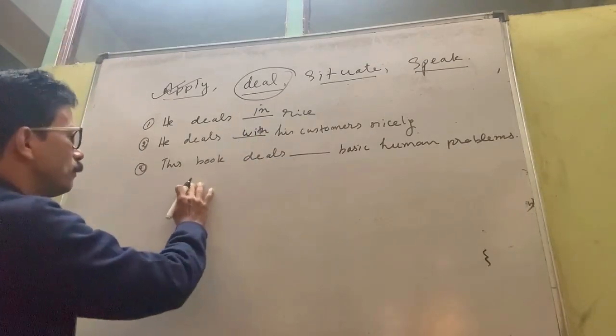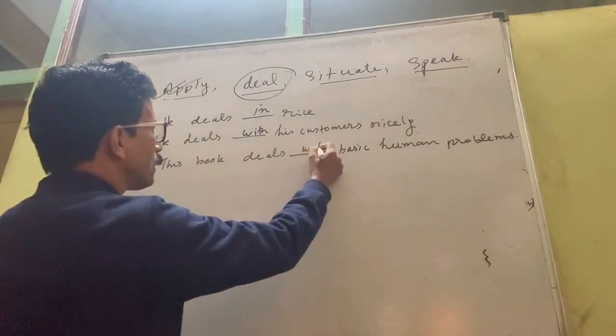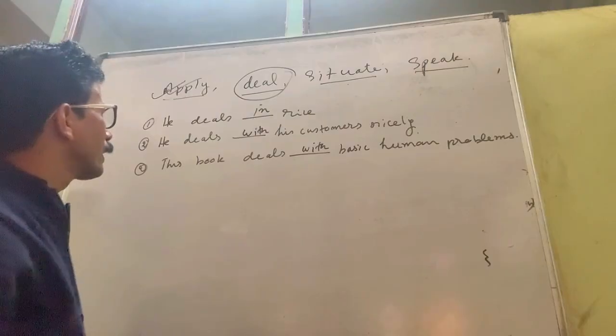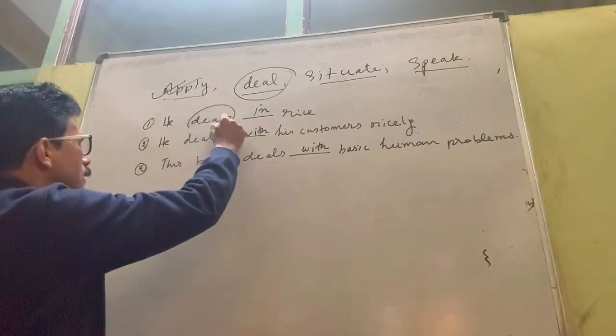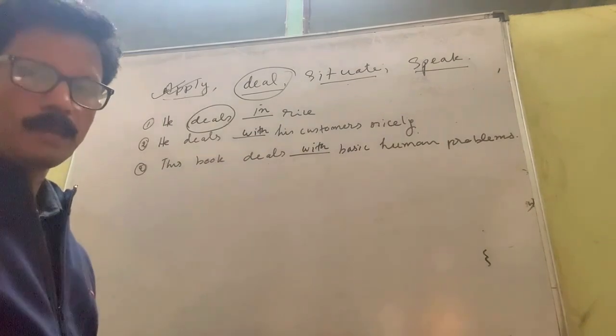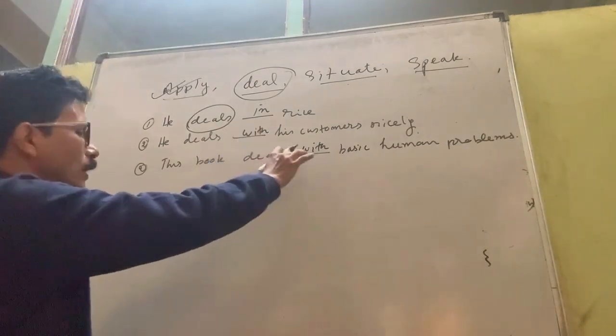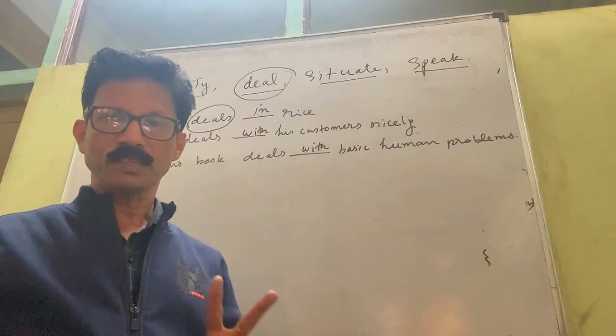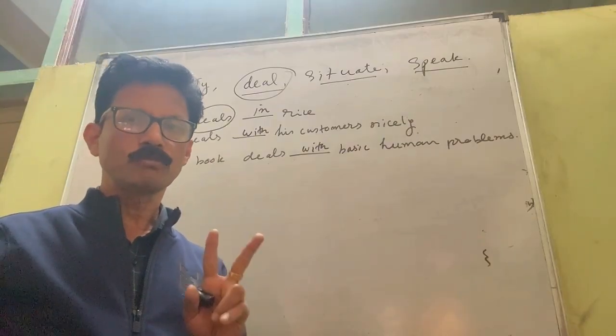Then this book deals with basic human problems. So you can see the verb is the same, that is deal here, but we have used deal in or deal with.